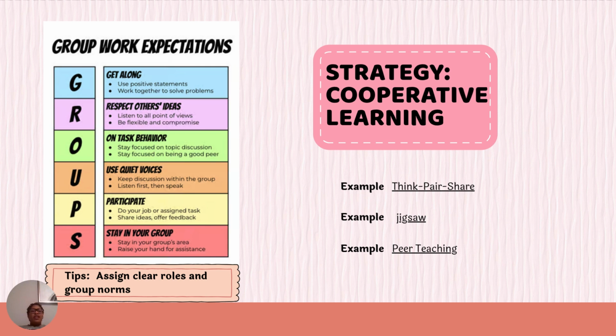Now, what I found is that cooperative learning is an effective strategy to use in your classroom. However, you have to establish group norms where you assign clear roles, especially if you're having to gather material, and especially if you're in a time crunch, which we usually are. So you're going to need a timer.